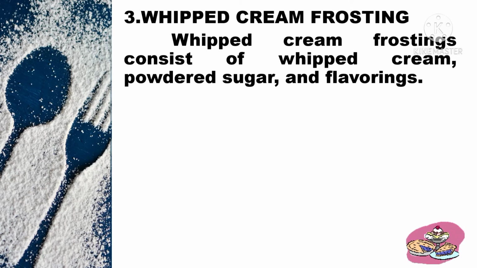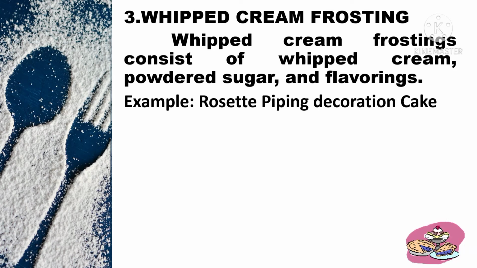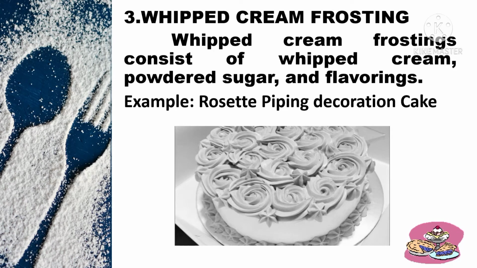It's possible to overbeat this kind of icing, which can make it grainy. So beat just until firm peaks appear. Cakes, cupcakes, shortcakes, and treats with this sort of icing must be refrigerated. Example of this is the rosette piping decoration cake, like this.